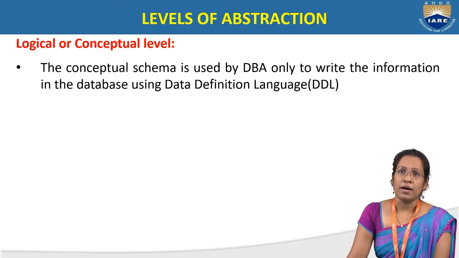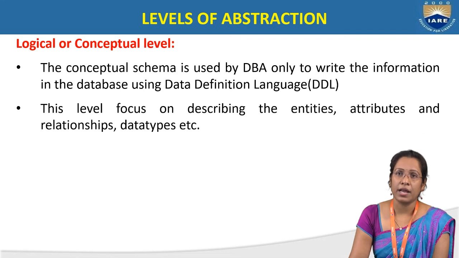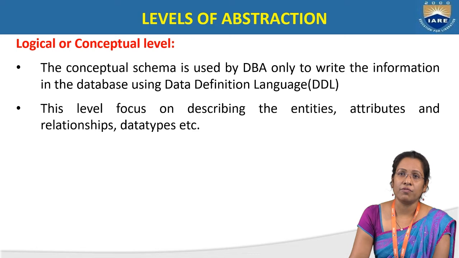Here, the conceptual level will handle the details or information of entities, relationships, attributes, and data types, etc. So what is an entity, what is an attribute, what is a relationship, and what is a data type. Suppose I take the example of student. Student is nothing but one entity.